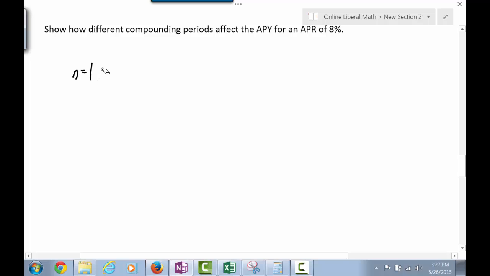So let me remind us here. We've got A equals principal times 1 plus APR over n, to the n times y. So we are saying, as we're looking at these different amounts, that if n equals 1, then our APY and APR would match.